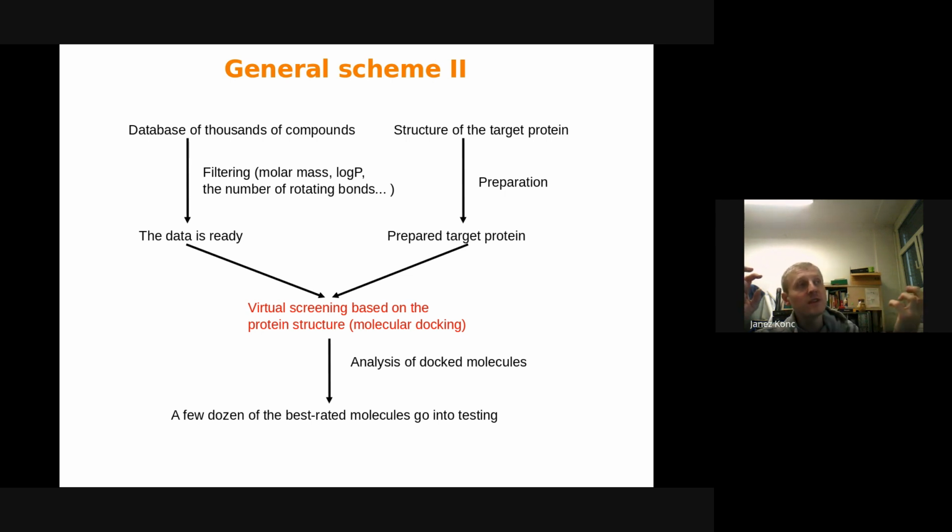So we start with this target protein, and we have a database of thousands or millions or even billions of compounds right now, and we try to fit each compound within the protein structure, which is called molecular docking, to get again a few dozen of the best rated molecules which fit the protein structure the best, and which are promising for further investigations.